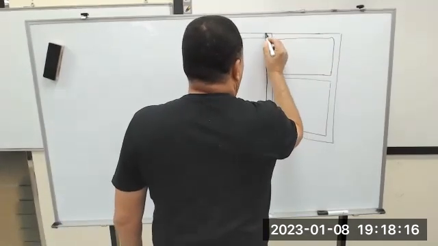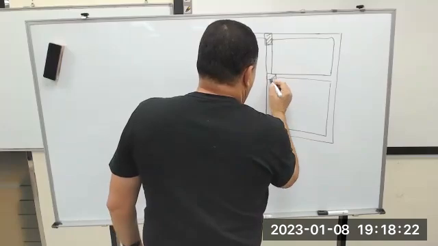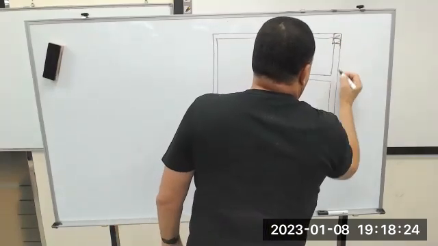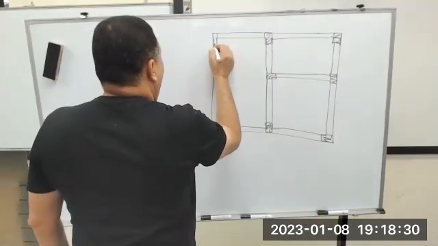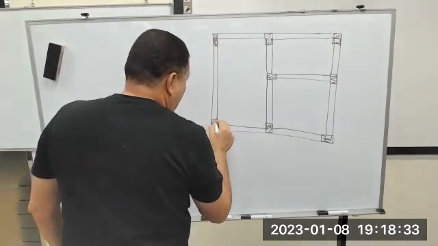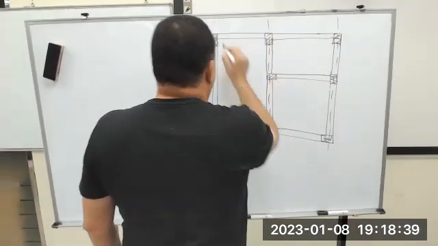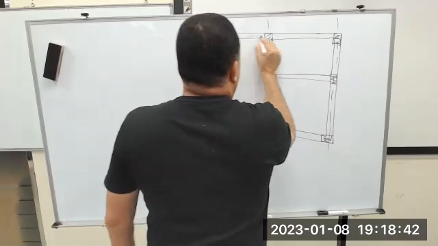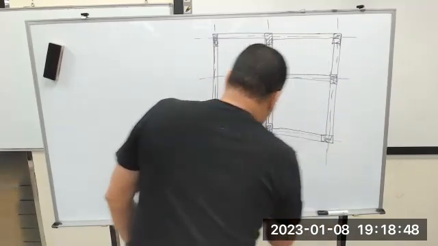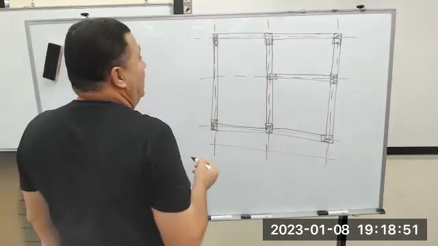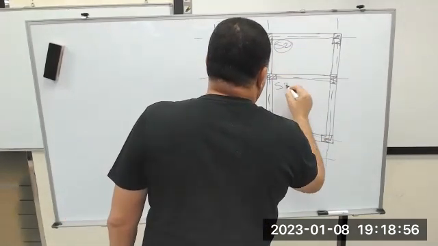You have columns. Now assume this is the slab system: slab 1, slab 2, slab 3.